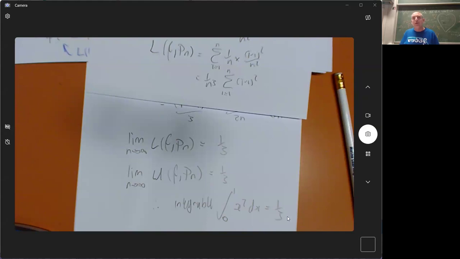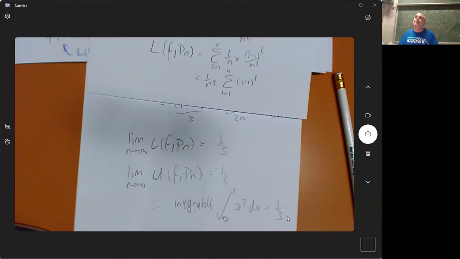You only need some of them, the ones that approach the same limit. But to show something's not integrable, technically you have to use all the partitions, because you need to show that the upper sum's infimum is higher than the lower sum's supremum, and you can't do that without considering them all.